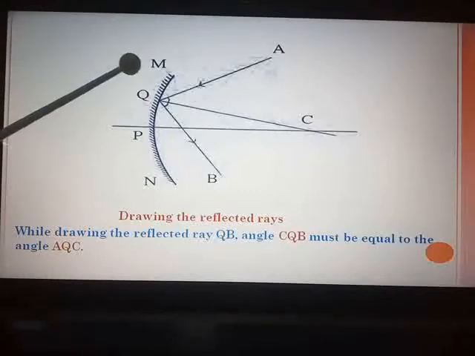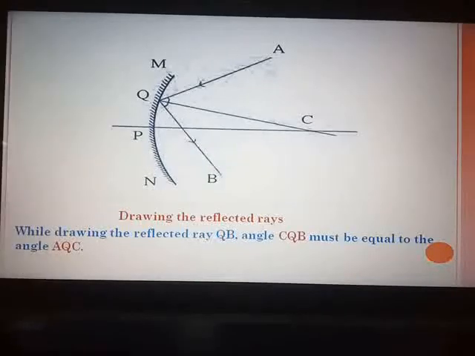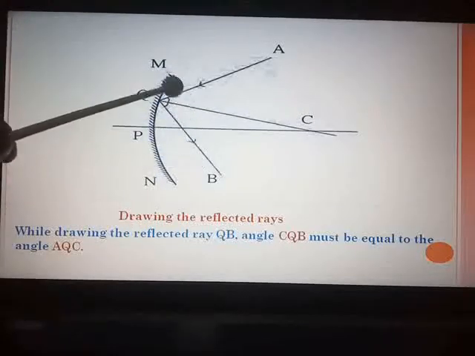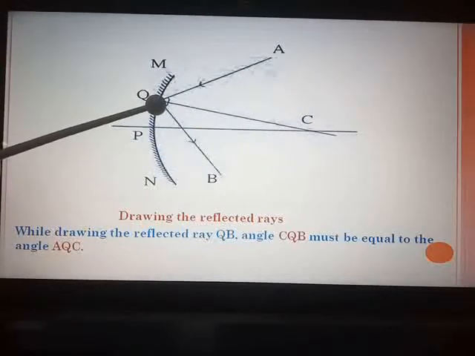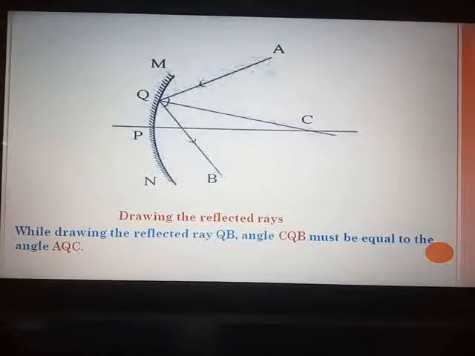You can see here ray QB is the reflected ray, and thus while drawing the reflected ray QB, you should take care that angle CQB must be equal to angle AQC. It should follow the laws of reflection, that is angle of incidence should be equal to angle of reflection.